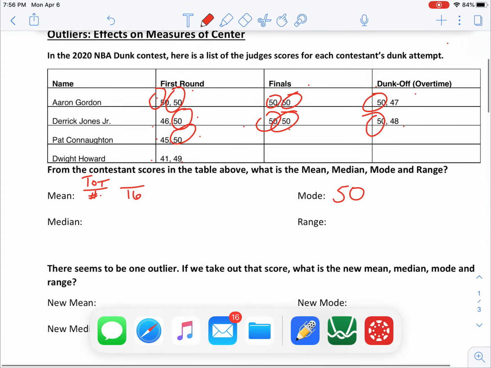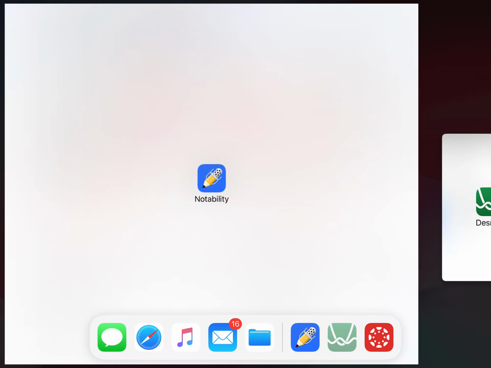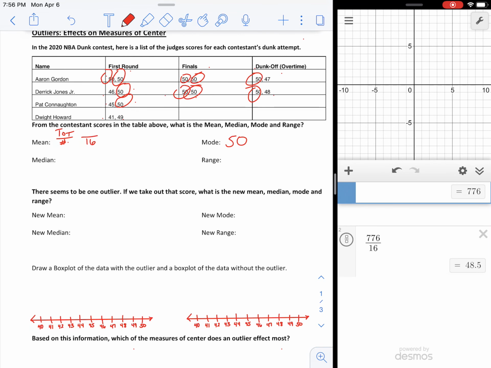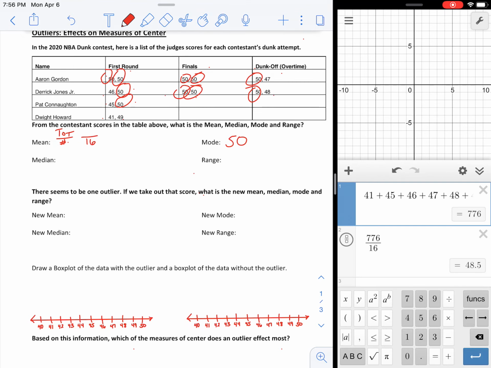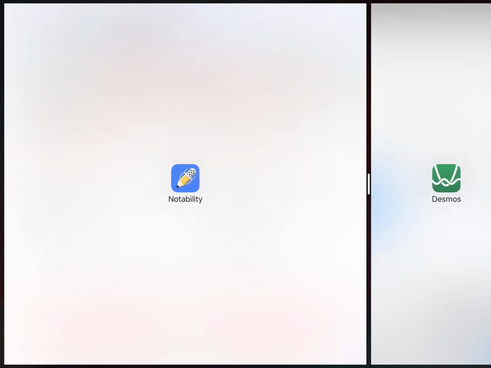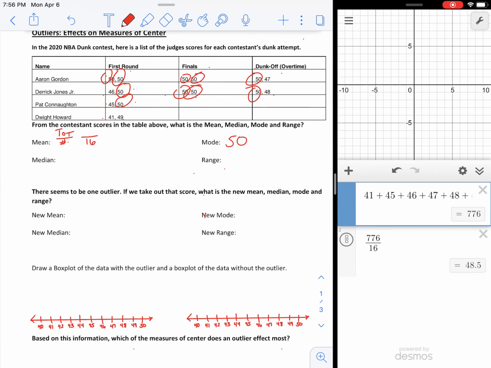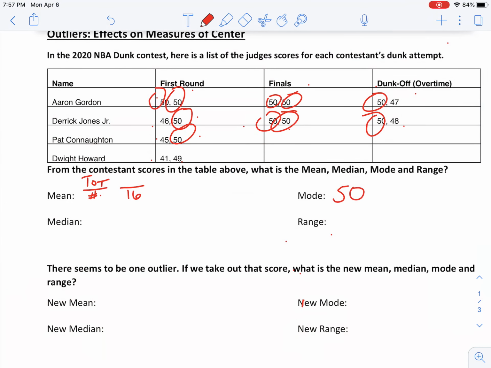I've actually gone ahead and done this in Desmos already, just to save us a little bit of time. So I added them all up, and that would be 776. Okay, if it'll let me zoom back in, which for some reason it's not. And it's frozen. Let's see if I can get this to come back. I'm going to go ahead and write it in like this, I guess.